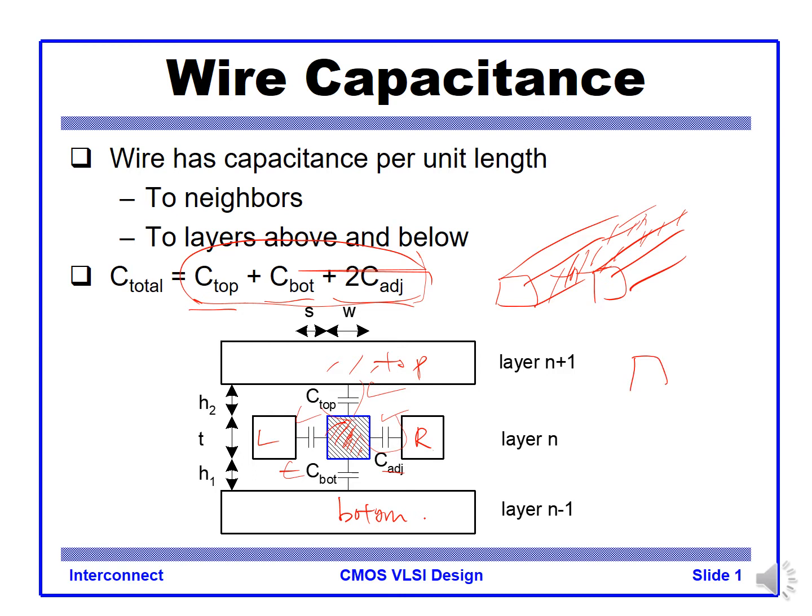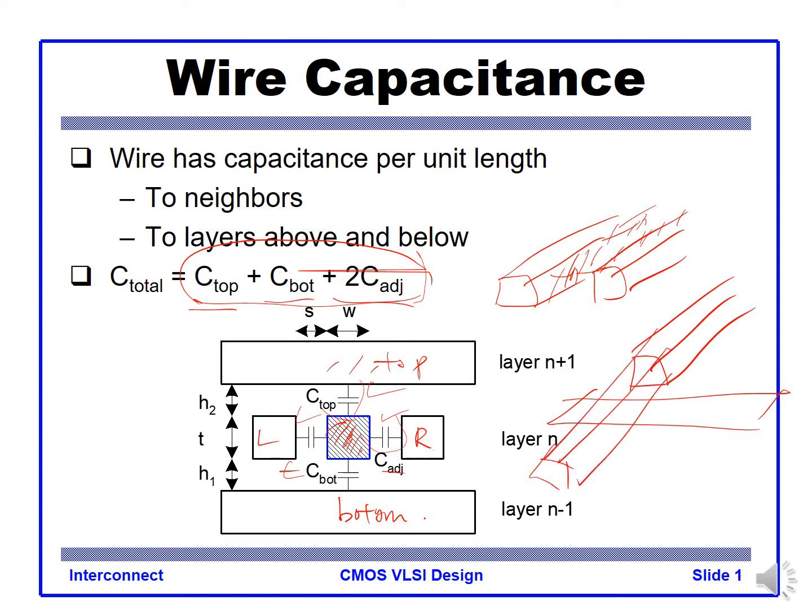So to minimize the capacitance, rather than running the metals in parallel, make them cross, so that the neighboring area facing each metal is minimized, which means smaller capacitance.